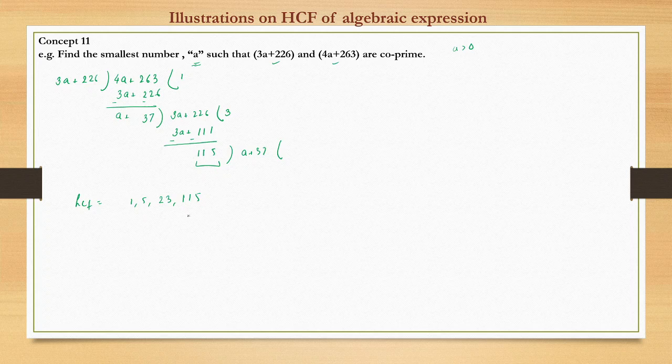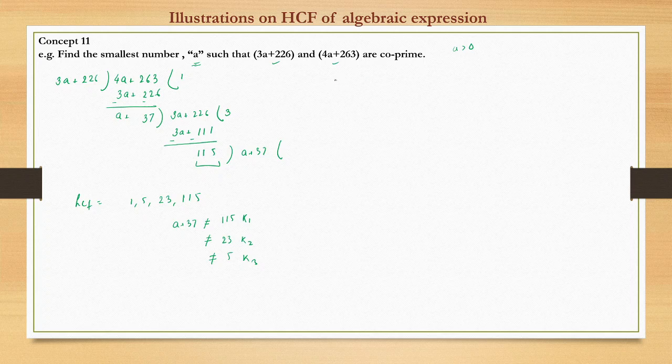So it means that a plus 37 should not be equal to either 115 times any multiple k, should not be equal to 23 times any multiple k2, should not be equal to 5 times any multiple k3, right? So then for that value of a, we will get the value of HCF as 1, right?